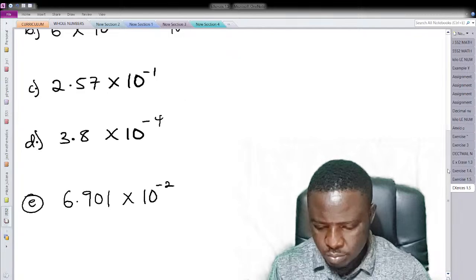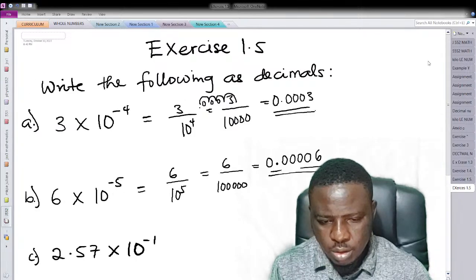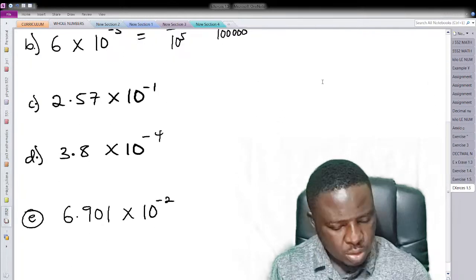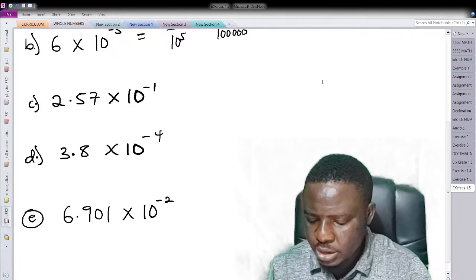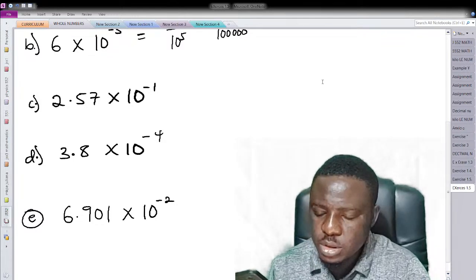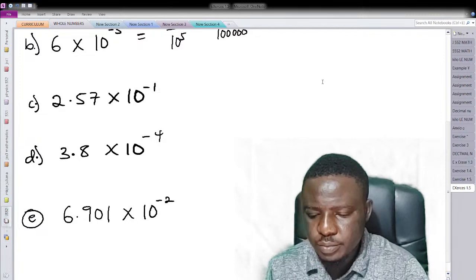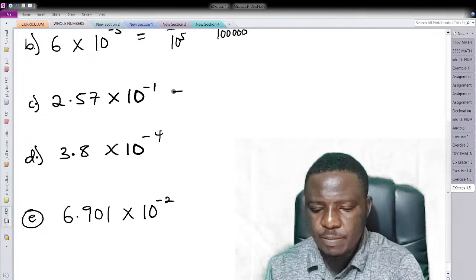Sir. Yes. You have to write them as decimals. What did you get in question C? Okay. I got 0.257. Okay.